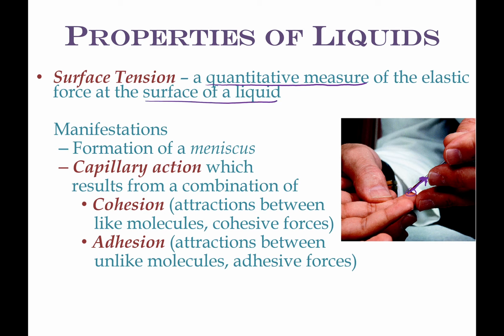It manifests in other ways that we're very familiar with, especially in lab: the formation of a meniscus. Now, we have always seen a meniscus for water that goes like this, or some type of liquids that go like this, but there are also menisci that can form that go this way. We have cohesion and adhesion, which are 2 terms that we should learn before we talk about the difference between those 2 meniscuses. Menisci?